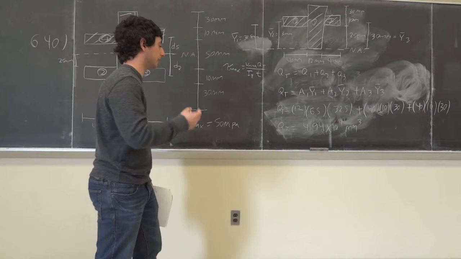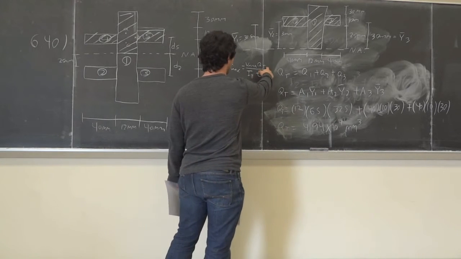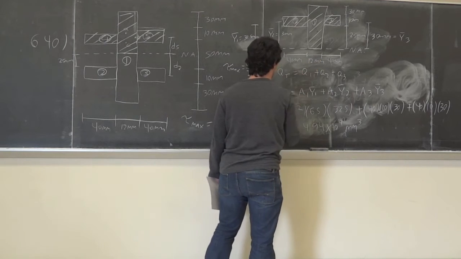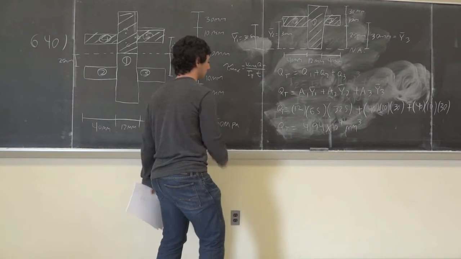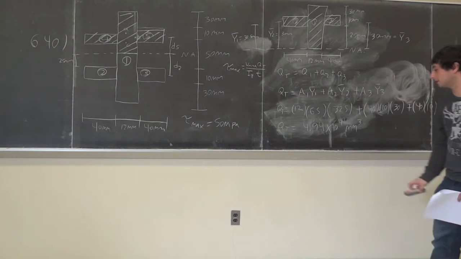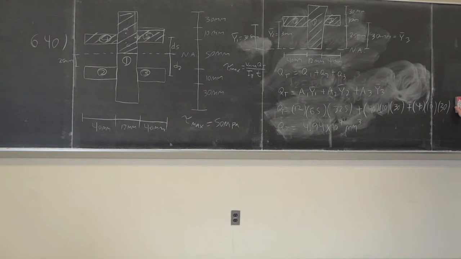All right, so we got everything now. We got the total moment of inertia, we got the total Q, we know T is going to just be this distance, it's 12 millimeters, and we can solve for V max now.